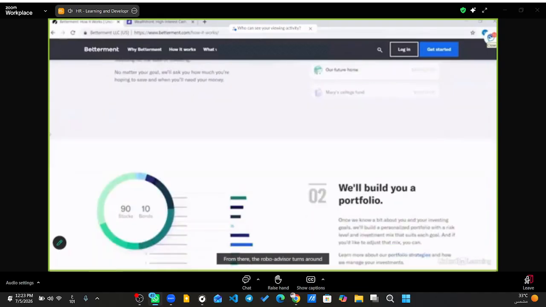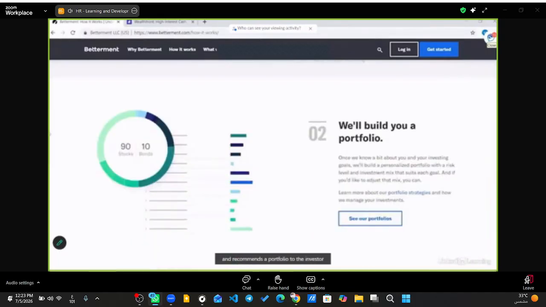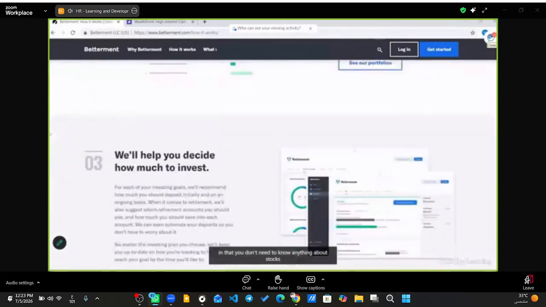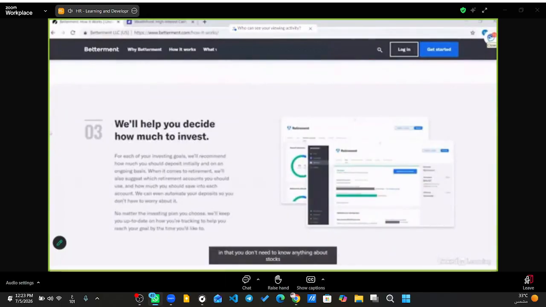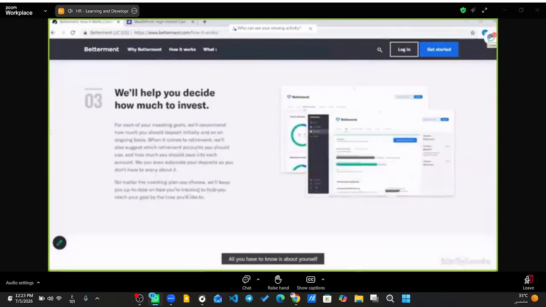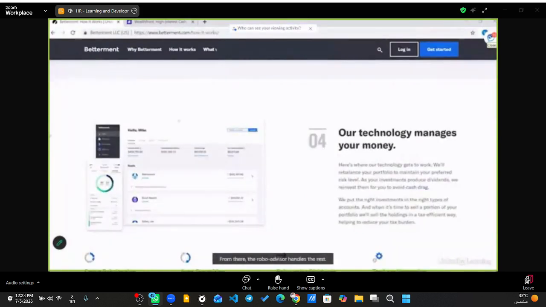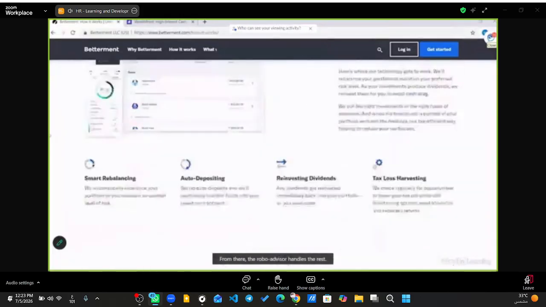From there, the robo-advisor turns around and recommends a portfolio to the investor based on the investor's needs. Robo-advisors are useful for investors in that you don't need to know anything about stocks or bonds in order to actually create your portfolio. All you have to know is about yourself and what your objectives are. From there, the robo-advisor handles the rest.